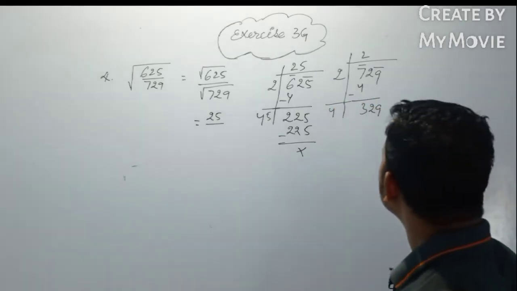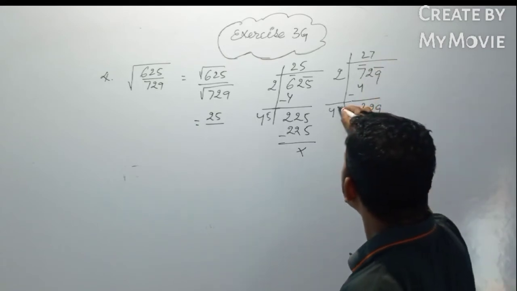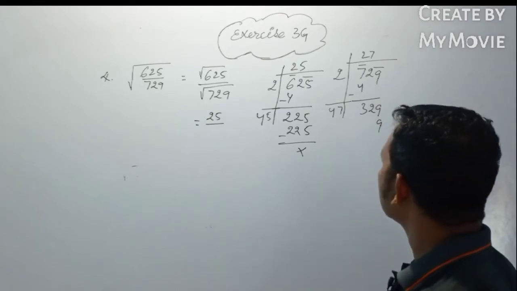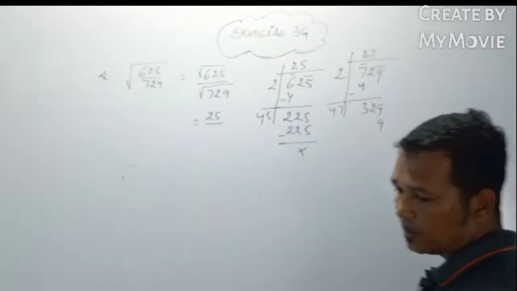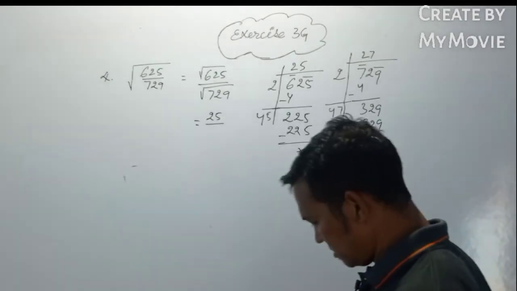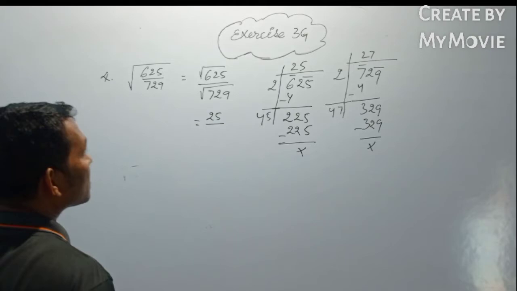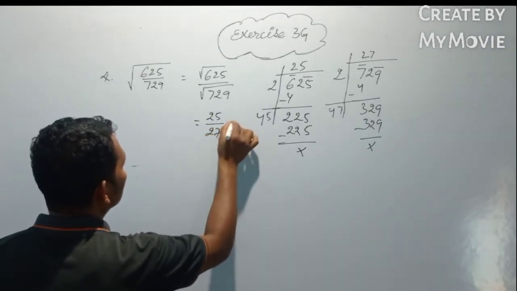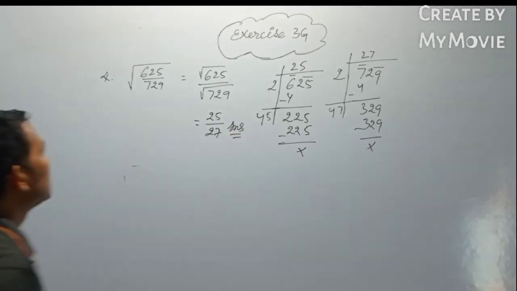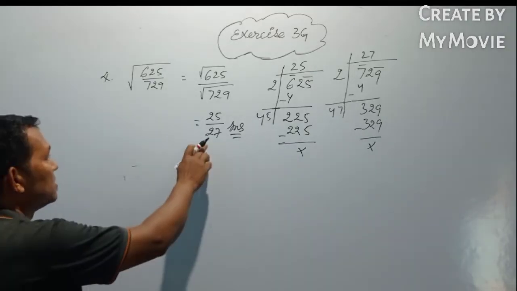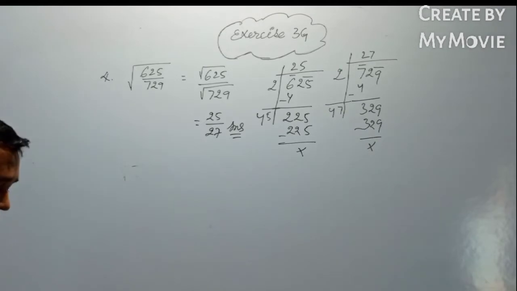Now 7 7s are 49. 7 4s are 28. 28 plus 4, 32. So square root of 729 is equal to 27, and therefore square root of 625 divided by 729 is equal to 25 by 27.